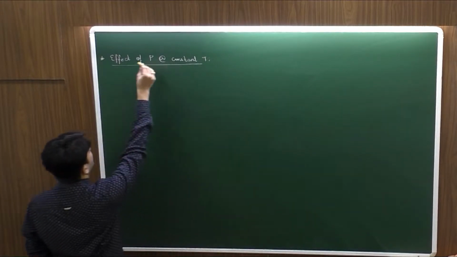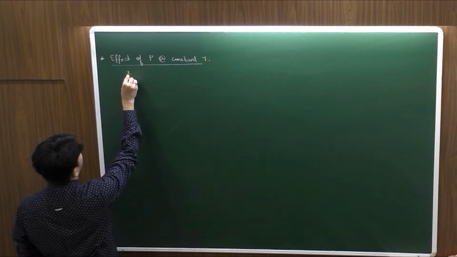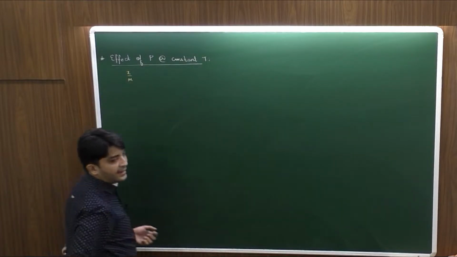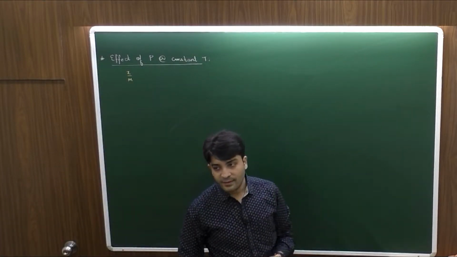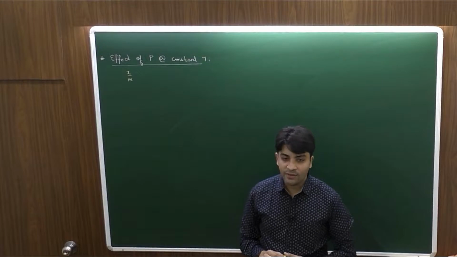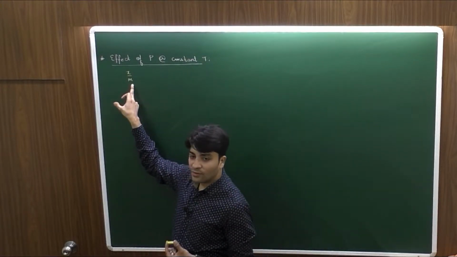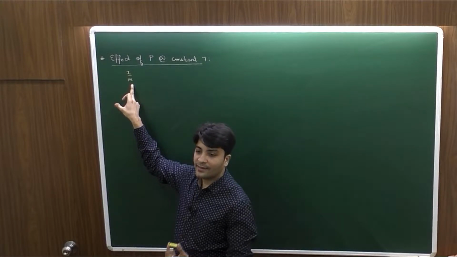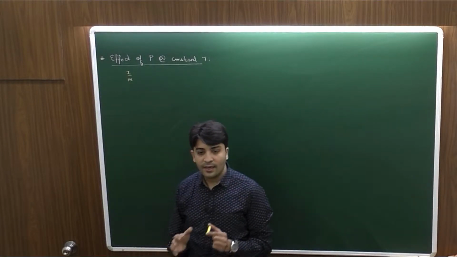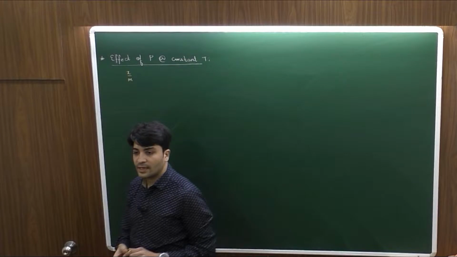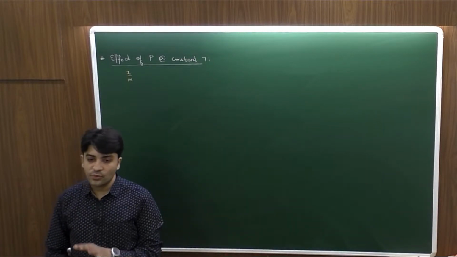Now here the amount of adsorption is represented by a ratio x by m, where x is the amount of gas adsorbed on the surface of the adsorbent and m is the mass of the adsorbent on which the gas is adsorbed. So basically I had said that in case of adsorption, occlusion is the most common process.